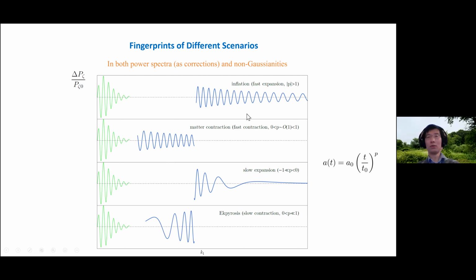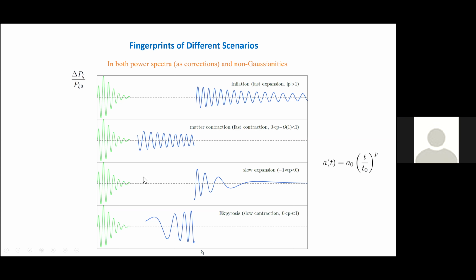And the blue lines are all clock signals that have distinctive patterns in terms of the phases as a function of wave number. They are determined by the value P here, if using this parameterization. And I'm saying this is a sketch because these two signals will be connected smoothly, and you have to work that out in a more detailed analysis.